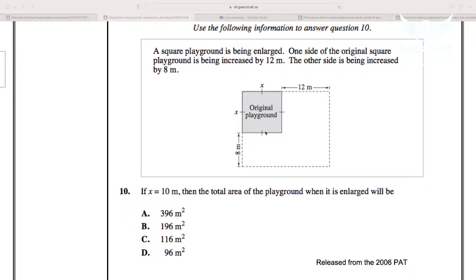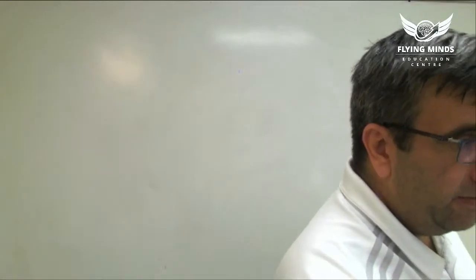A square playground is being enlarged. One side of the original square playground has been increased by 12 meters. The other side has been increased by 8 meters. If x equals 10 meters, then the total area of the playground when enlarged will be... So this is a very easy question.